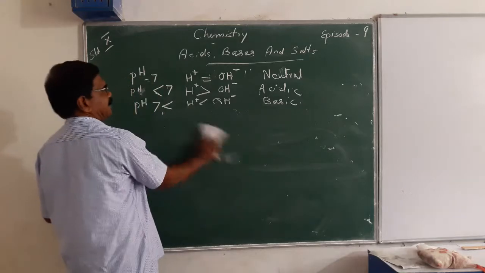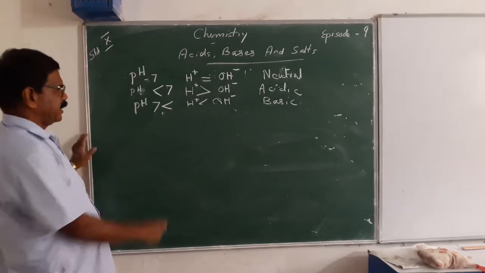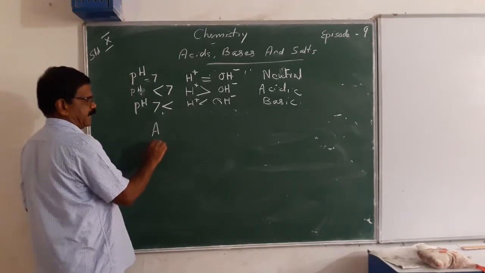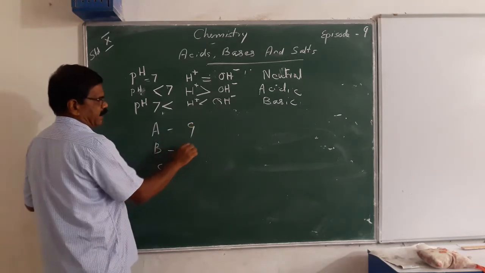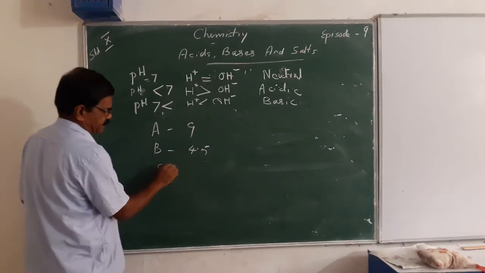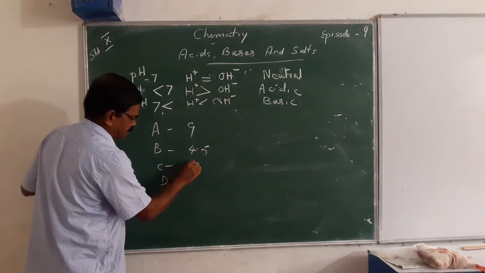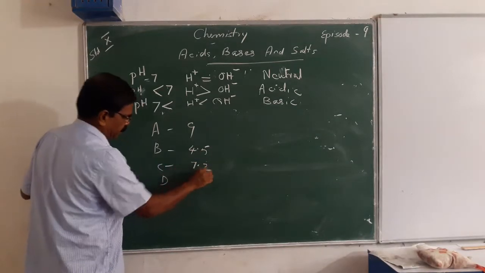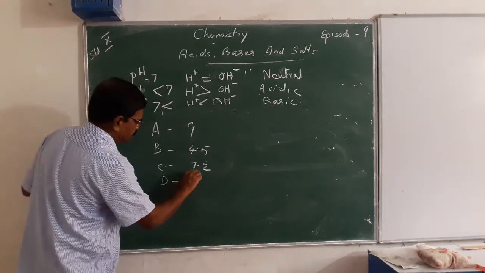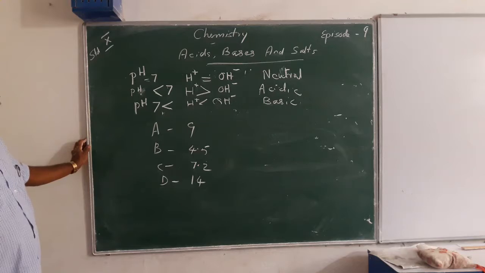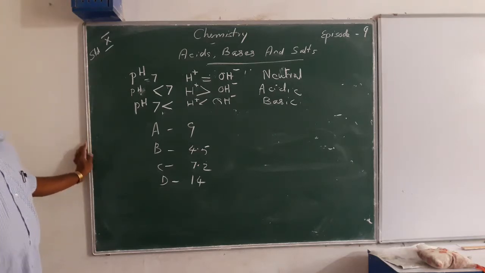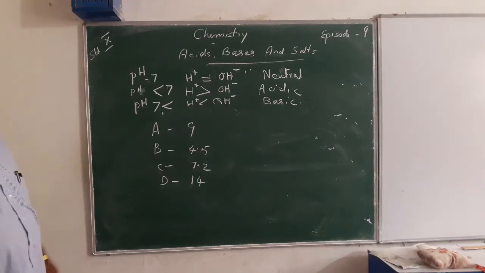You are given 4 solutions A, B, C, and D. A pH 9, B pH 4.5, C pH 7.2, D pH 14. Which is the strongest base here?